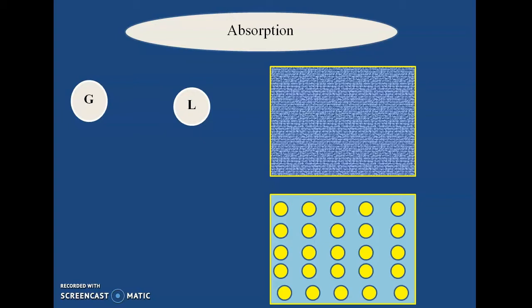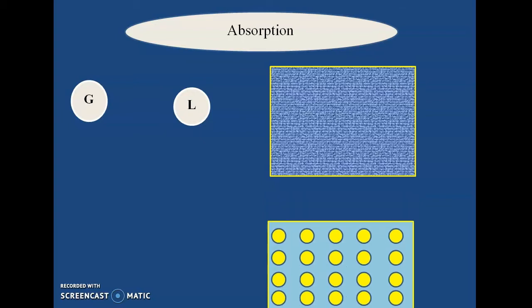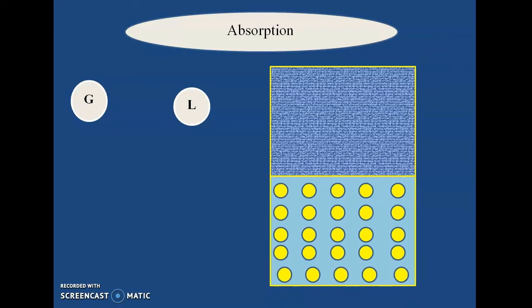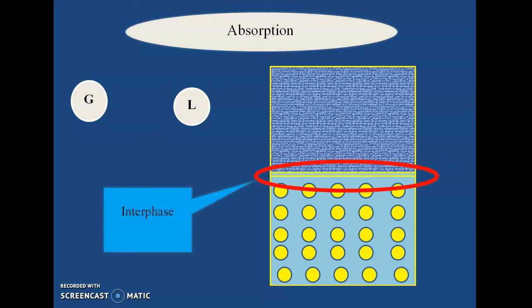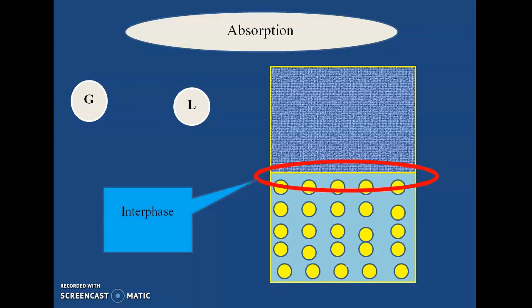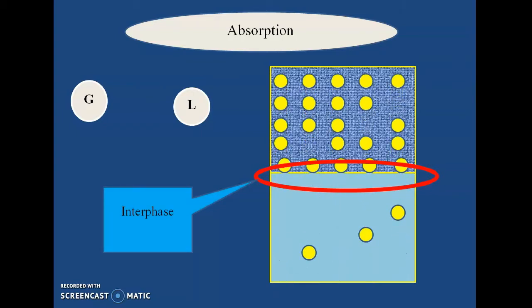We are interested in removing these yellow colored particles from gas phase by using a suitable solvent. The blue colored portion here represents the solvent which is selected for the separation. When these phases are brought into contact, an interface is formed which separates gas phase and liquid phase, and through the interface the transfer of these yellow particles takes place to the liquid.